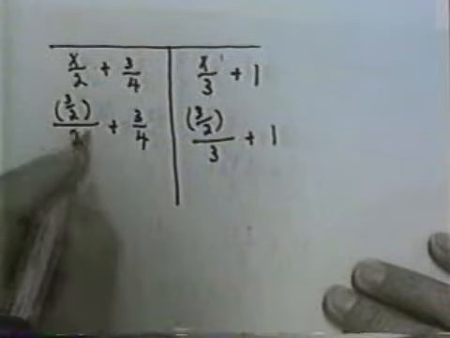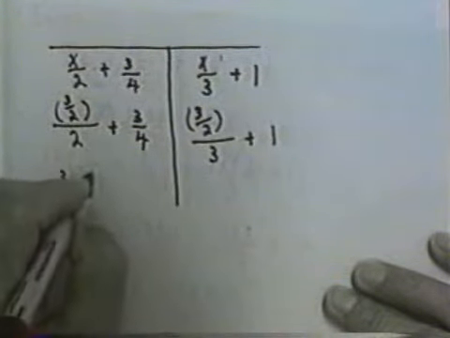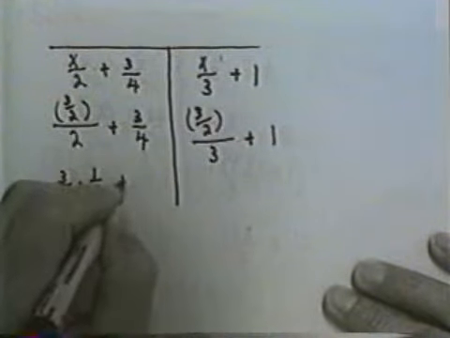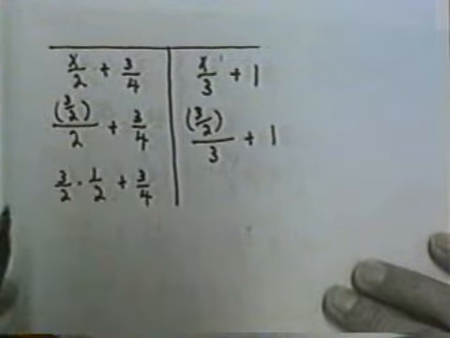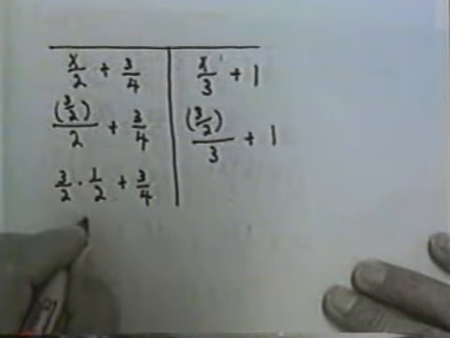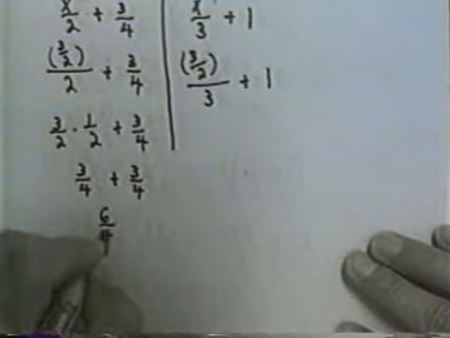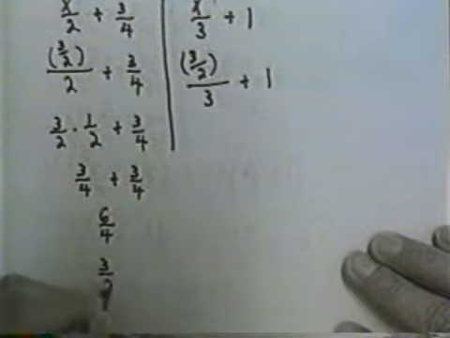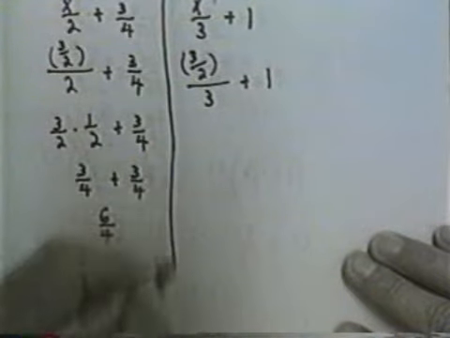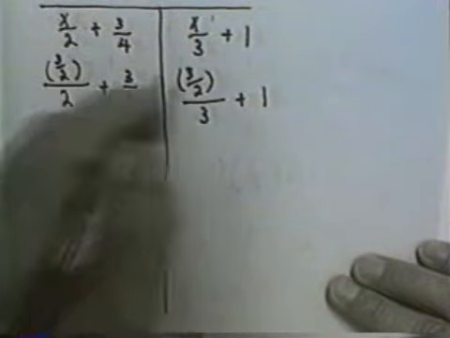Now to divide, I invert and multiply, so that would be 3/2 times 1/2 plus 3/4 on this side, because that's 2 over 1, and if I invert it it's 1/2. So I would have 3/4 plus 3/4, which is 6/4, which gives me 3/2. Now I need to see what I get on the other side. I have 3/2 divided by 3 plus 1.